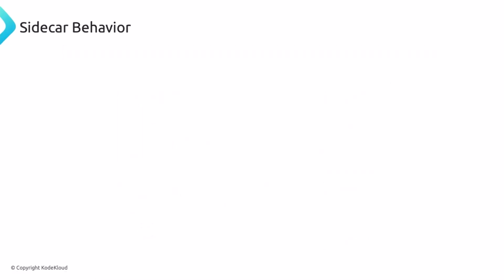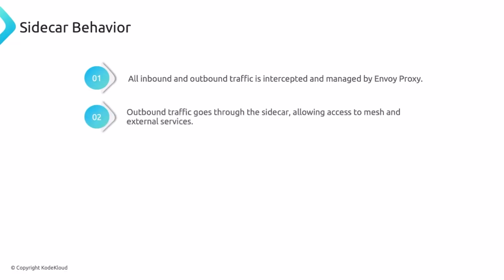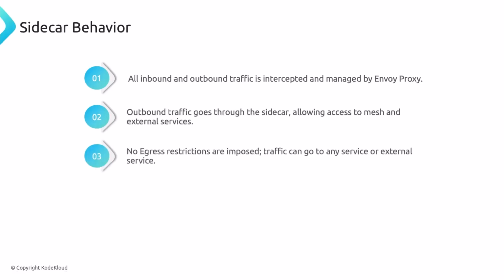Now, the default behavior of a sidecar is that all traffic in and out is intercepted and managed by the Envoy proxy. By default, the sidecar will allow outgoing traffic, including traffic to services in other namespaces and or external services, right? Now, mTLS is not enforced, like I said.